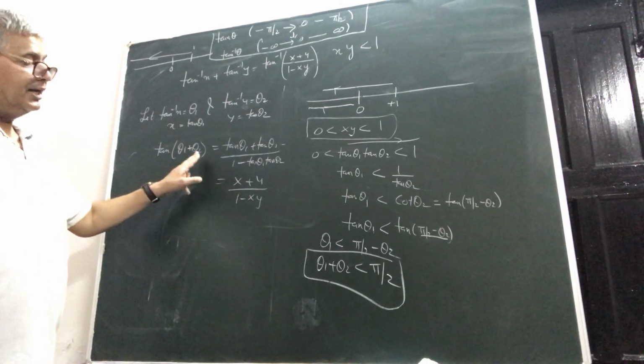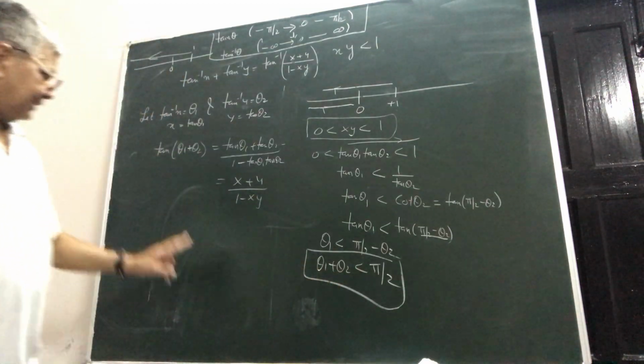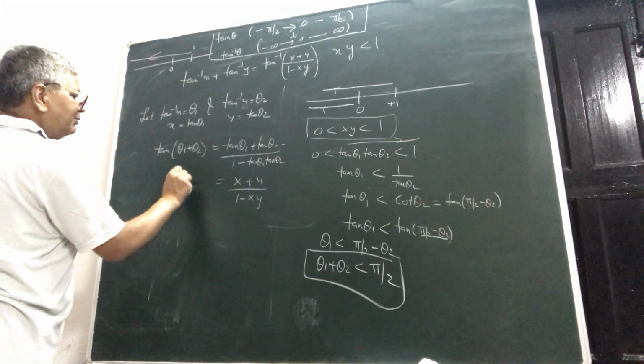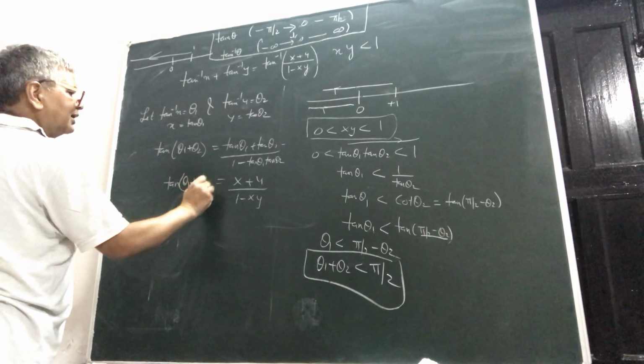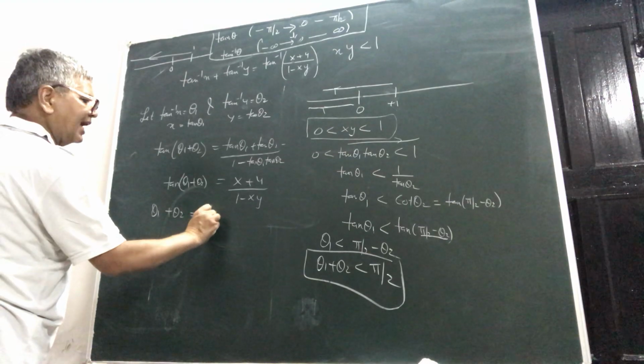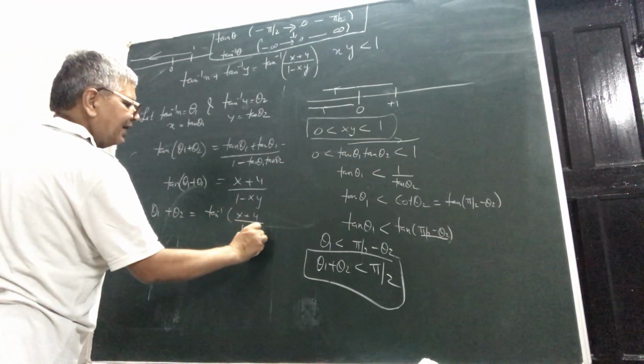Now, theta 1 plus theta 2: since you are within the principal branch of tangent, the next step is that you can immediately take the inverse, and you will get theta 1 plus theta 2 is equal to tan inverse of x plus y upon 1 minus xy.